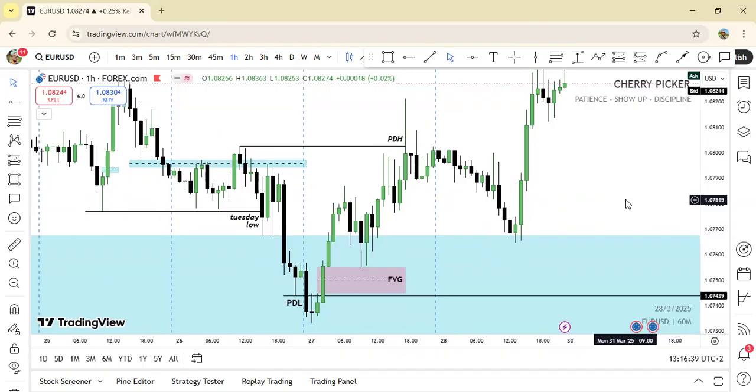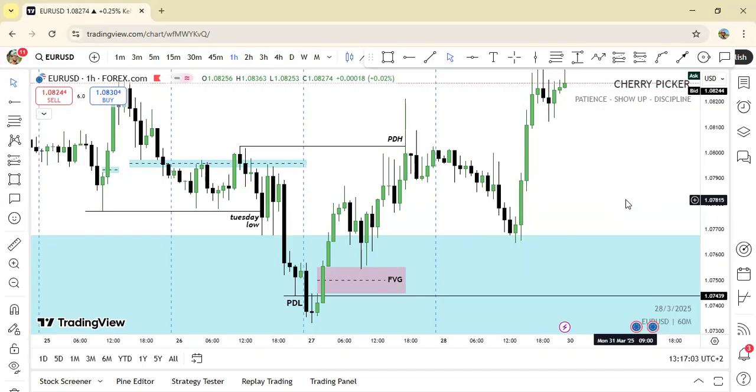Once price reached the daily fair value gap, I was done for the week because that was my target. Whatever happens after price reaches my long-term target doesn't concern me.